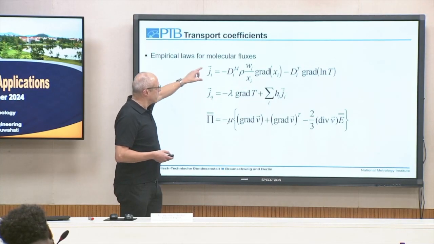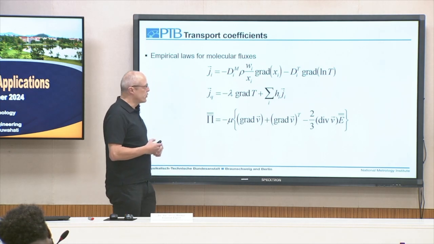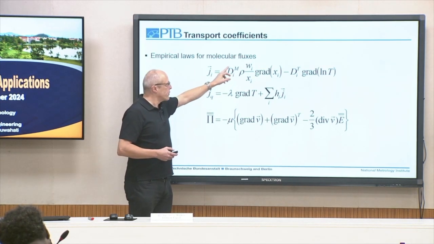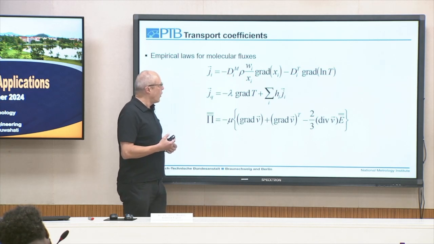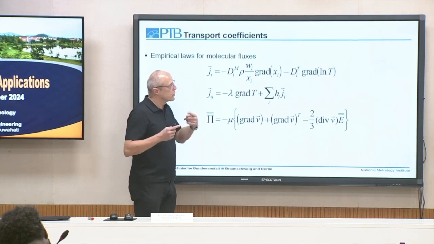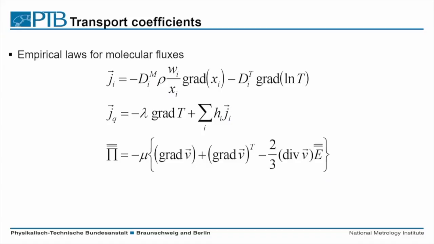But here we have the diffusivity, so we need to know this diffusion coefficient. This is the sum of all different multi-component diffusion coefficients we have depending on our system.